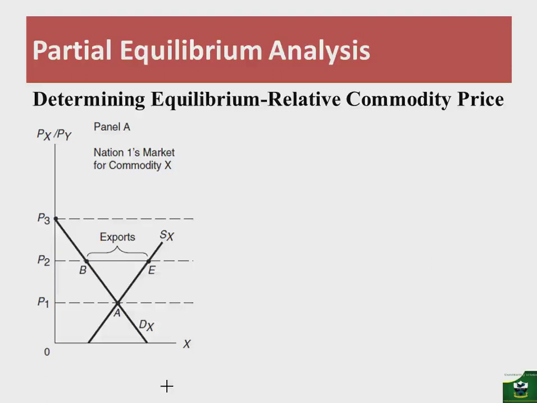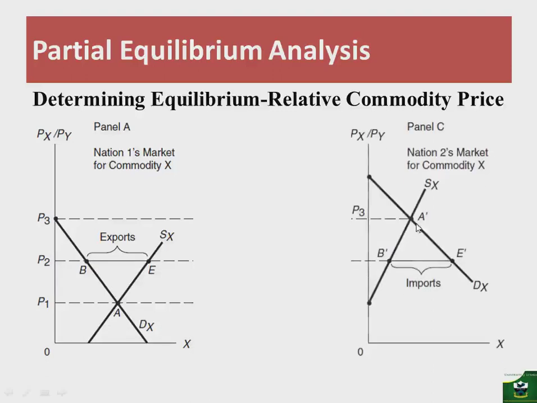Now, let's also look at nation 2 and see what is happening. With nation 2, we see that nation 2 is also in equilibrium at point A prime, where the demand for commodity X is equal to the supply for commodity X at A prime.